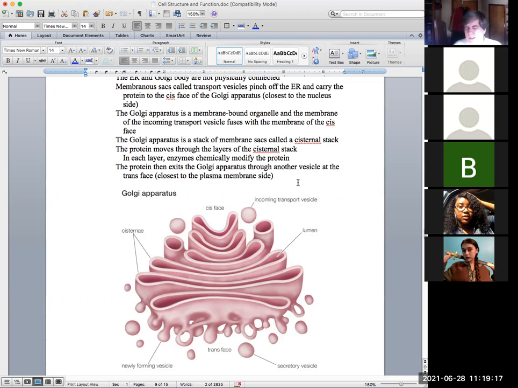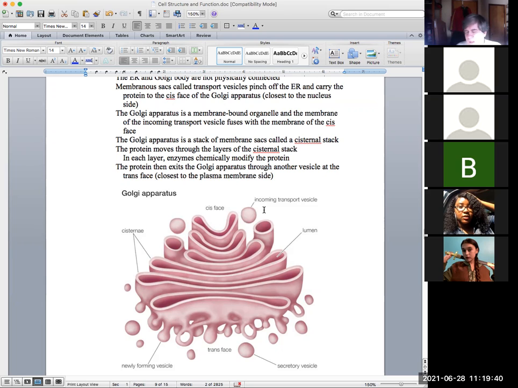But when the protein gets as close to the Golgi apparatus as it can get, it pinches off in a little blob of fat. Kind of like if you've ever seen in a frying pan where you have a little drop of oil pinch off from the rest of the oil. Here, this drop of oil, the outer edge, is phospholipids.